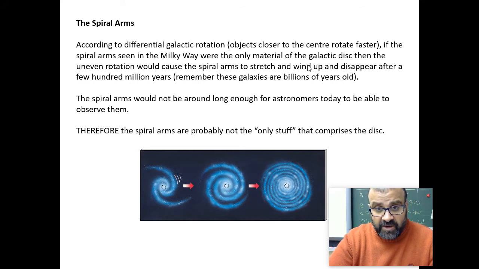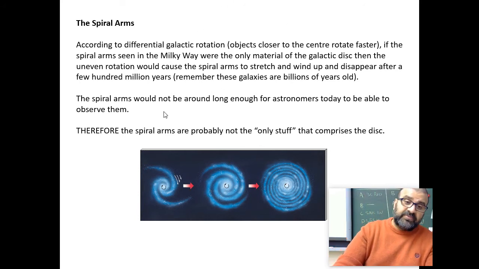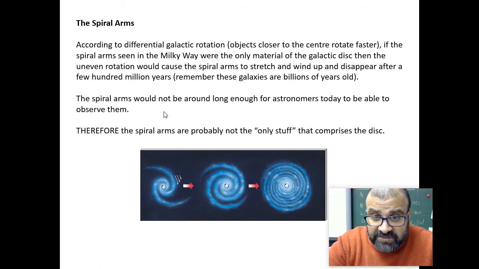Just like a cup of cream as you stir it, the cream gets spread out evenly. So the spiral arms would not have been around long enough for astronomers today to observe them. Therefore, the spiral arms are probably not the only stuff that comprises the disk.